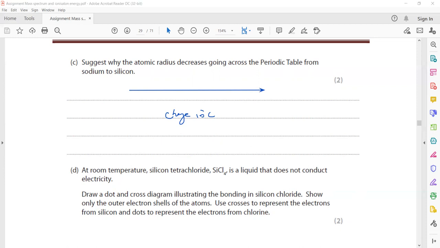So a stronger attraction will be there between the nucleus and the last shell electron for the same shielding effect. So 1 mark is for, because all in the period they all have the same shielding effect, but the charge is increasing. That's why the ionization energy increases.